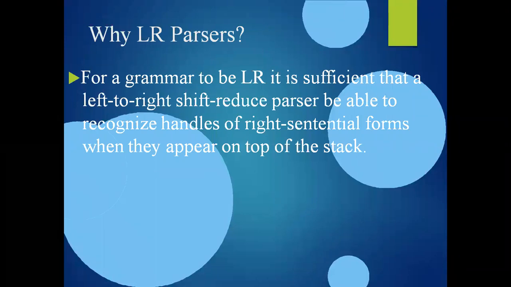That means the grammar we take for this LR parsing technique should be sufficient for implementing handle pruning and for the shift-reduce parsers. And in the shift-reduce parser we implement the stack, right?